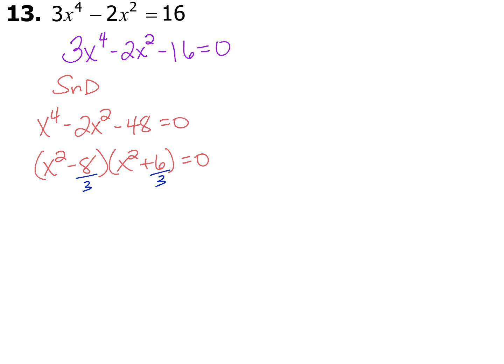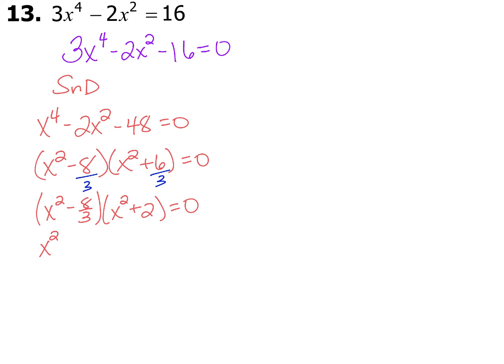Now moving forward, I have x squared minus 8 thirds, okay? And then I also have x squared plus 2 equals 0. I can leave these as is, but I have to set each one equal to 0.